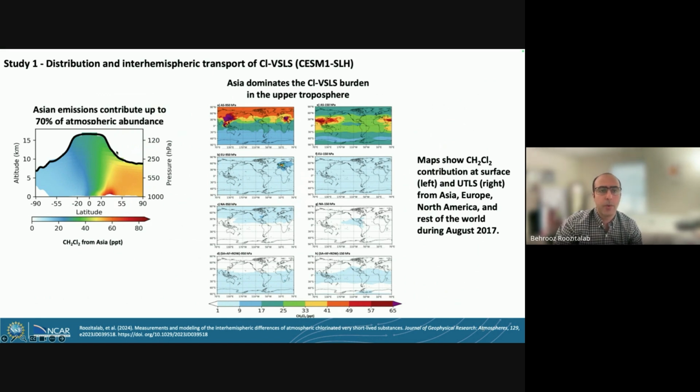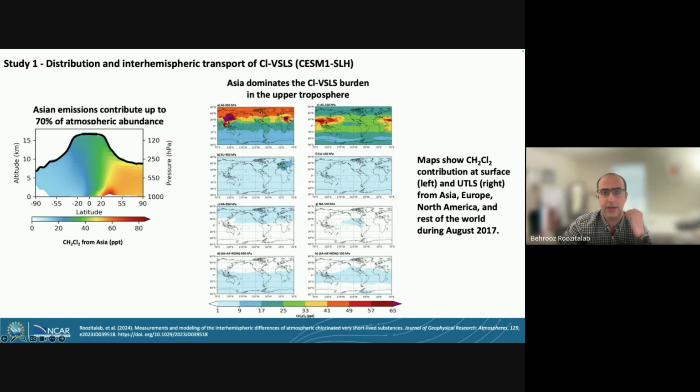But then we wanted to look at the different altitudes and see how they change, and which sources, which regions are important for the transport of these compounds in the atmosphere.